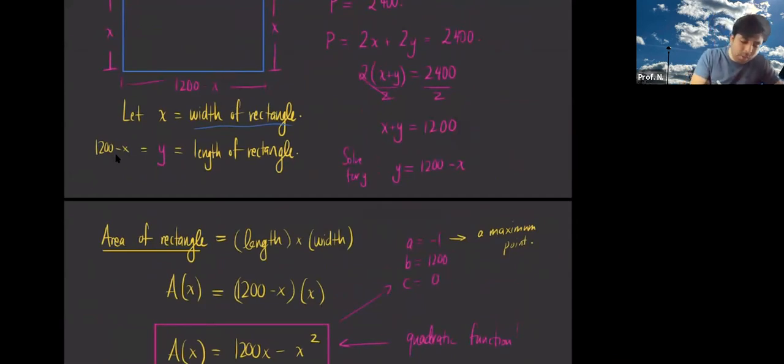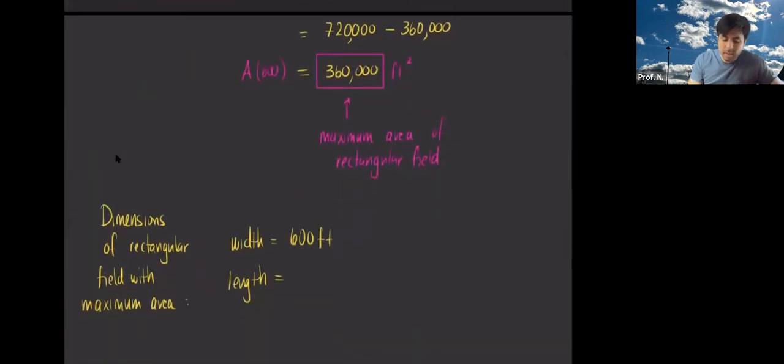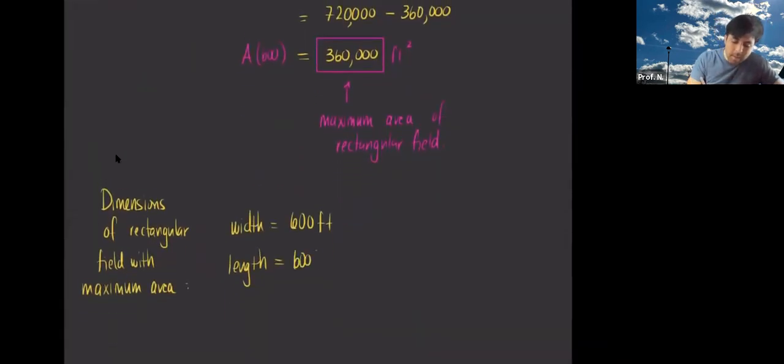And what's 1200 minus 600? It's 600. So it just so happens that if I create a square, which is still a rectangle, that's why I still call it a rectangle. If I create a square of 600 feet on both sides, I create a maximum area. Any other rectangular dimension that's not a square is not going to create a maximum area.